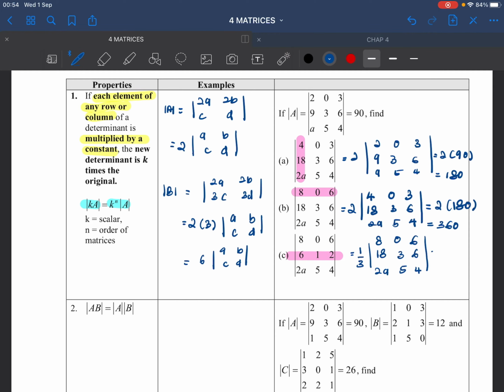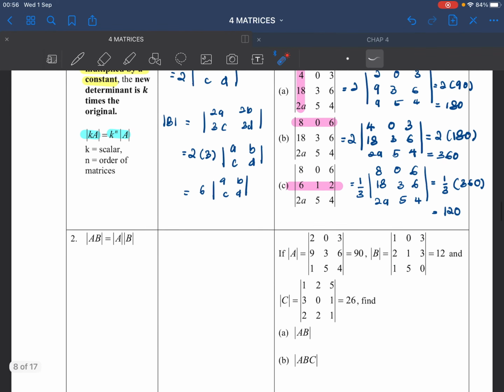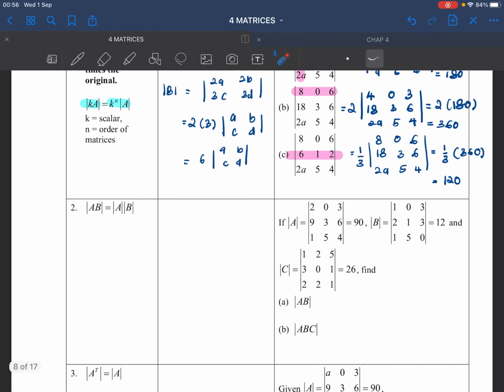So we can straight away multiply 1 over 3 times 360, and we are going to get 120. So that is the first basic property. Okay, very important. As we have seen, we can factorize a constant from any row or column.